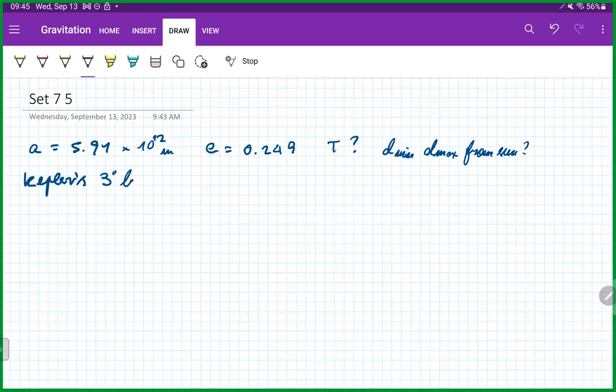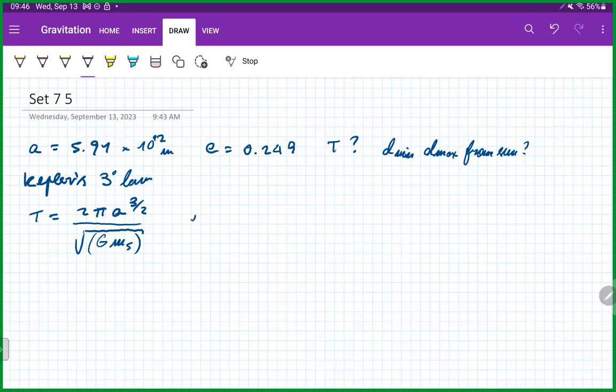So we have the period T equals 2 pi a to the 3/2 divided by the square root of G M of the sun.